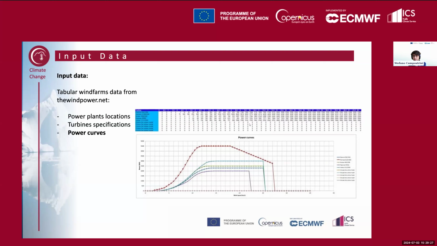And these power curves basically give us the instantaneous power output of the turbine when the wind is blowing at a specific speed.